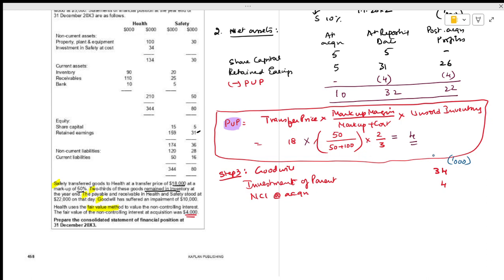First, this is the investment of the parent. This is the investment of the subsidiary. Investment of the parent plus investment of the subsidiary, it comes to how much?